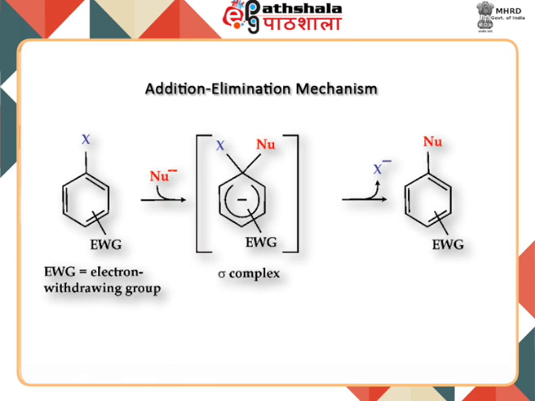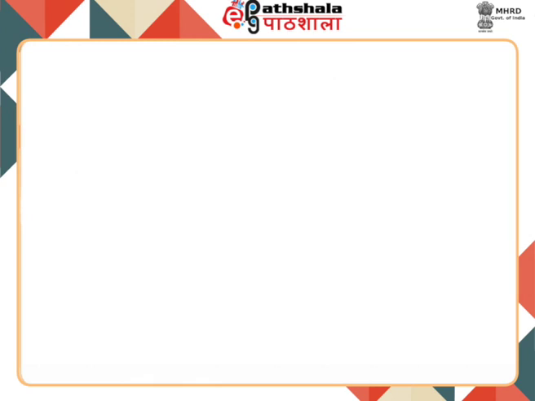It uses one of the vacant pi star orbitals for bonding interaction with the nucleophile. This allows addition of the nucleophile to the aromatic ring without displacing any substituent. Net substitution occurs in the second step by elimination of the leaving group.